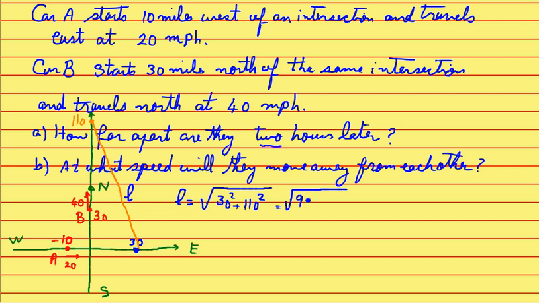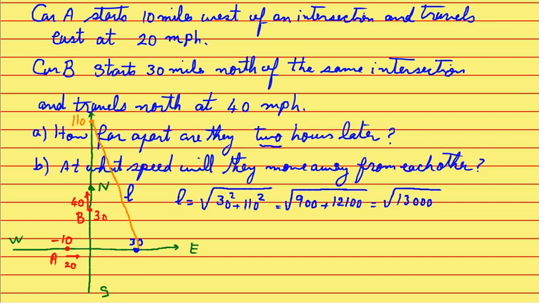30 squared, that is 900. 110 squared is 12,100. So that is the square root of 13,000. I didn't adjust it to be a nice whole number, but well, that's the distance.